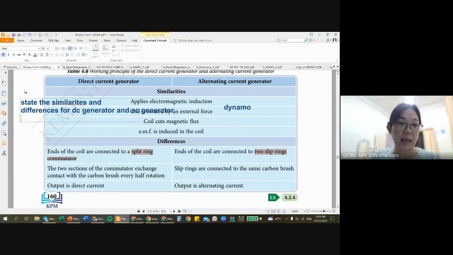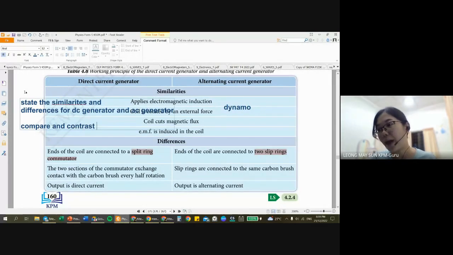Another word that they can use is actually compare and contrast. When they ask you to compare and contrast, it's actually asking you to state the similarities and differences. Okay, so this is one answering skill that I want to remind you guys.